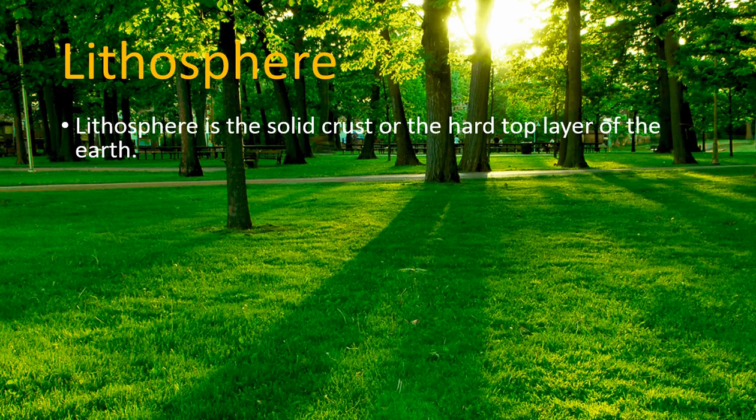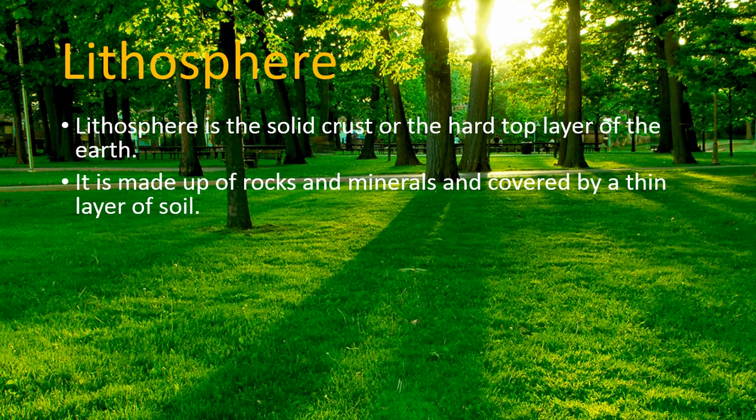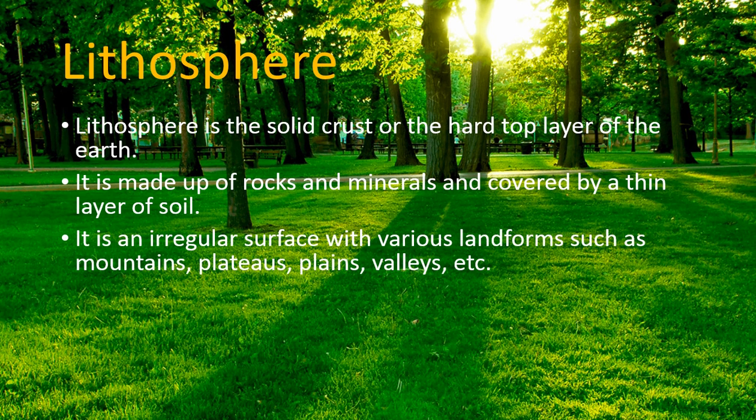It is the solid crust or hard top layer of the earth, made up of rocks and minerals and covered with a thin layer of soil. Like you can see in this picture, the grasses and the trees are there. This vegetation is possible only because of the availability of soil.